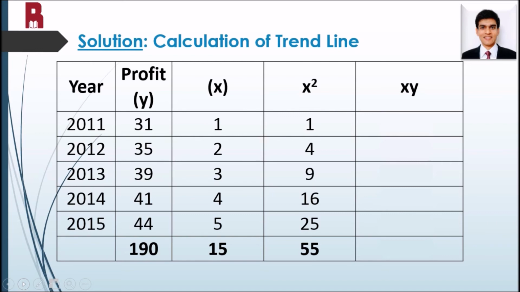Now multiplying the second and third column to get xy, 31 into 1, that comes to 31, 35 into 2, that is 70. In the same manner moving forward, 39 into 3, that is 117, 41 into 4 is 164, and finally 44 into 5 is 220. Taking the total of the xy column, we have 602.